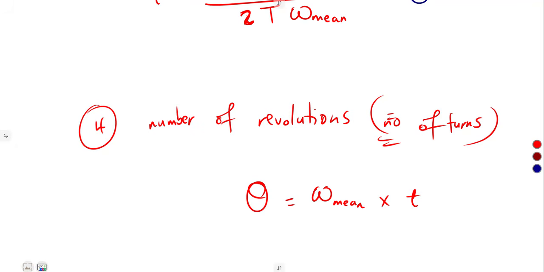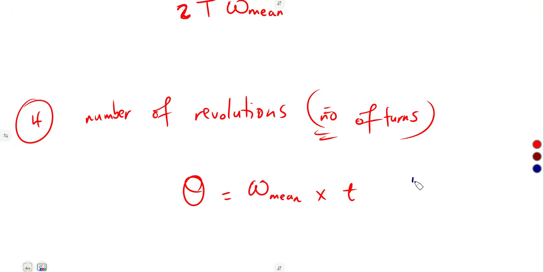So from there, you can obtain the number of revolutions by, if we are to convert to degrees, a single revolution is equal to 360 degrees. If you are to work with the radians as it is, a single revolution is equal to what? 2 pi radians.